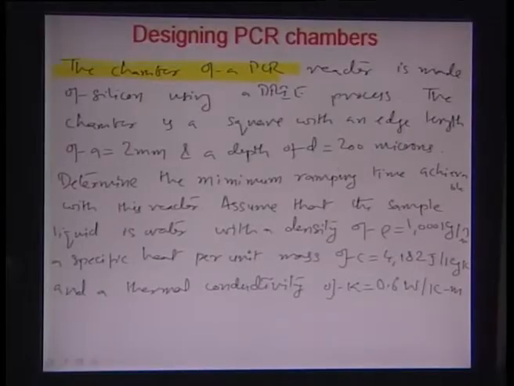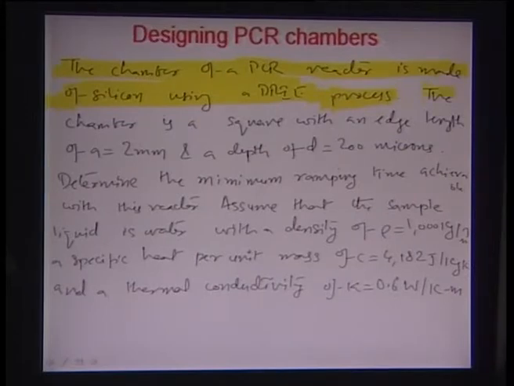Now, let us try to illustrate that a little more with an example. In this particular case, as you are seeing here, there is a chamber of a PCR reactor which is made in silicon using a deep reactive ion etching process. This chamber is a high aspect ratio chamber etched away using a gas plasma, the deep reactive ion etching.